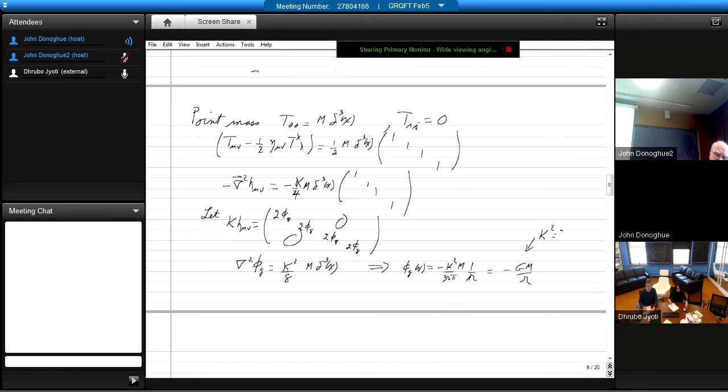This is where we've chosen kappa squared is 32 pi G. Actually we haven't yet proven that this is right, but with this definition, this becomes the gravitational potential with a factor of 2 there.